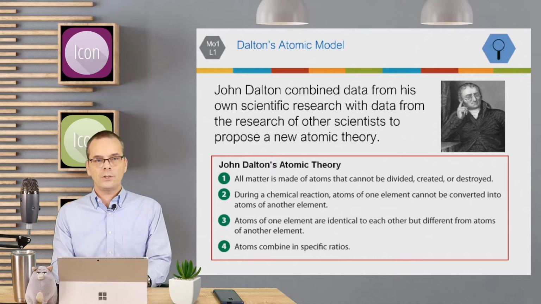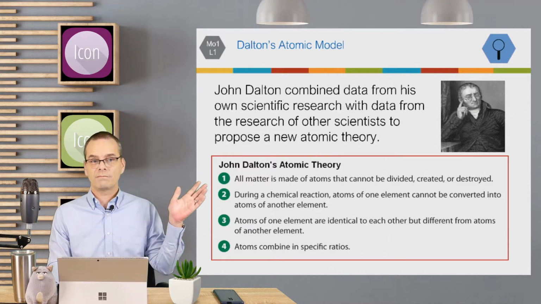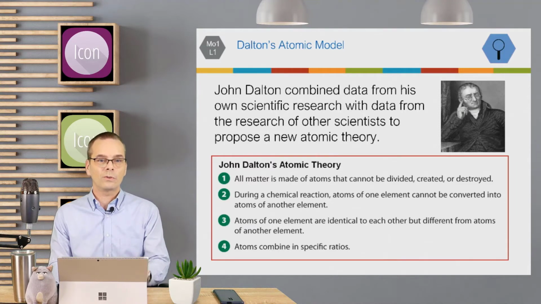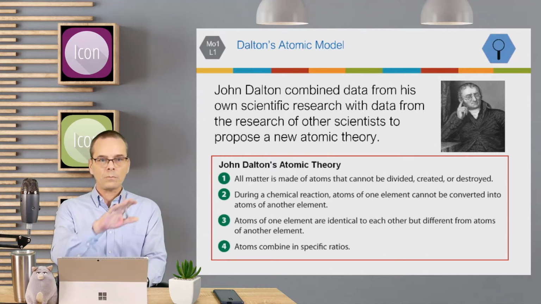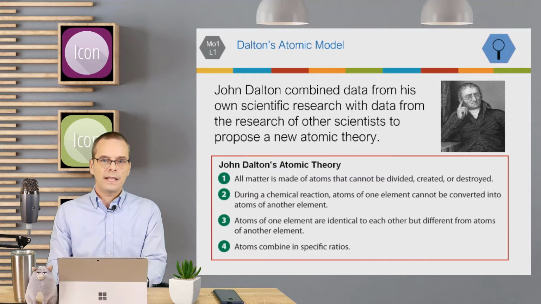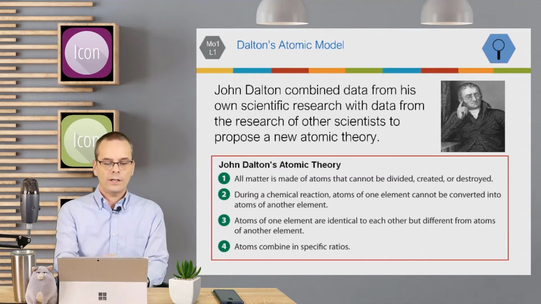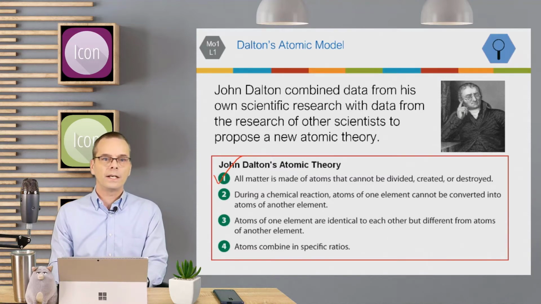And then along came John Dalton, who was a scientist, and he started doing some research, and he proposed a new atomic theory. Now, you'll notice it has some similarity to what was already discussed 2,000 years ago. But he said, all matter is made of atoms that cannot be divided, created, or destroyed. All right?